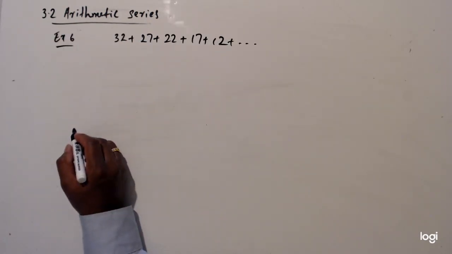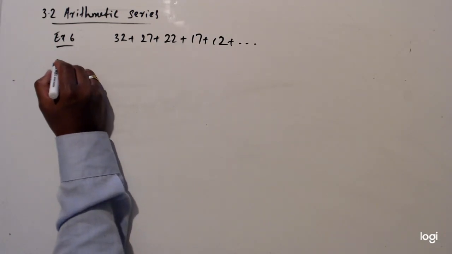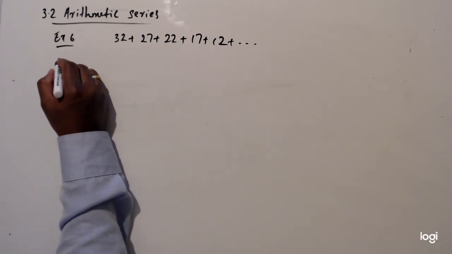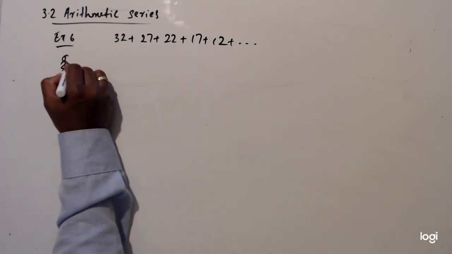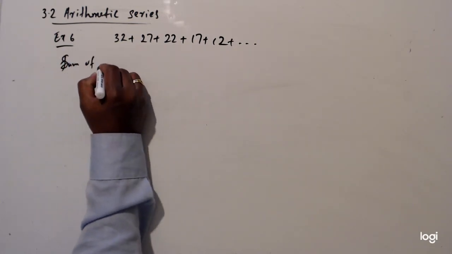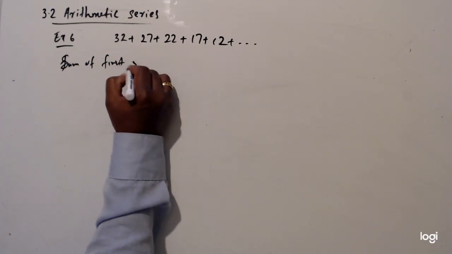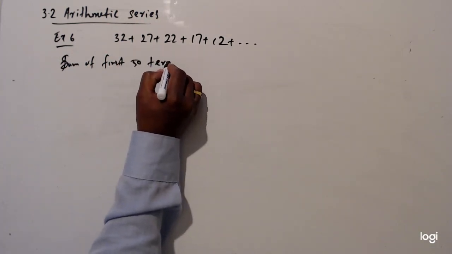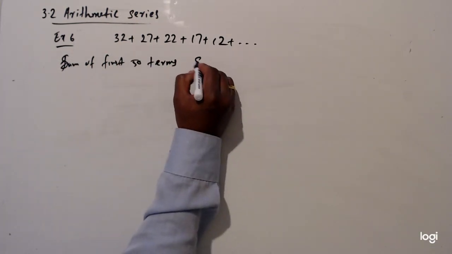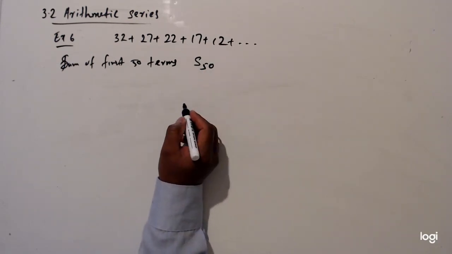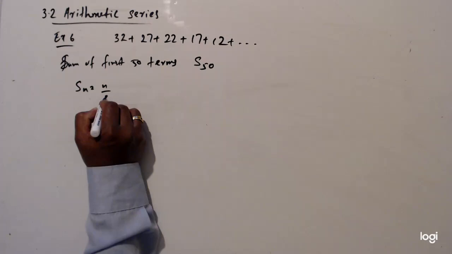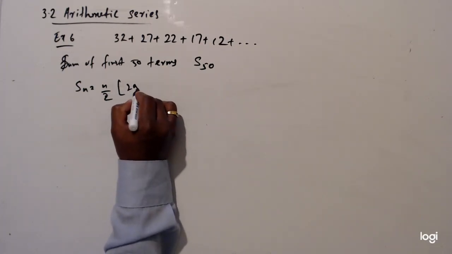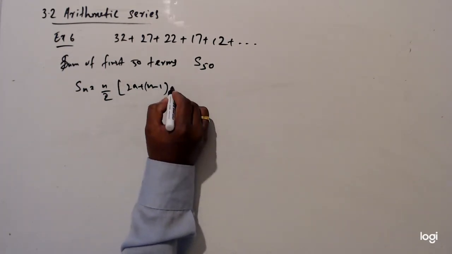Example 6 in the book. We want to find the sum of the first 50 terms. It means we need to find S50. So we have the formula Sn equals n divided by 2 times (2a plus (n minus 1) times d).